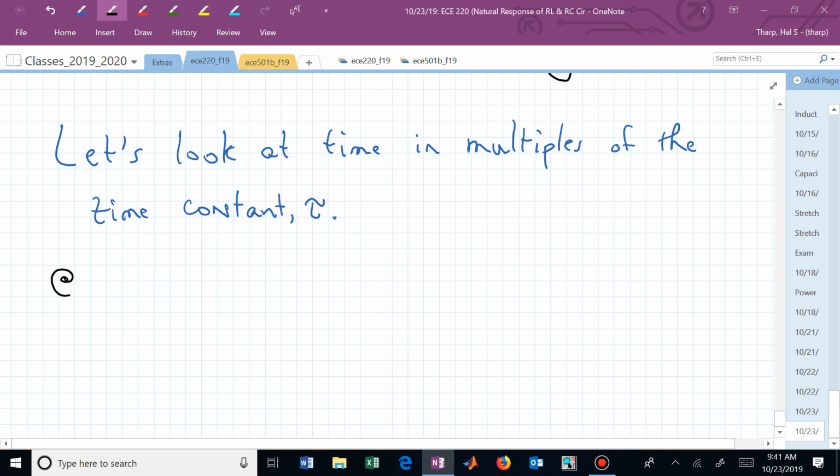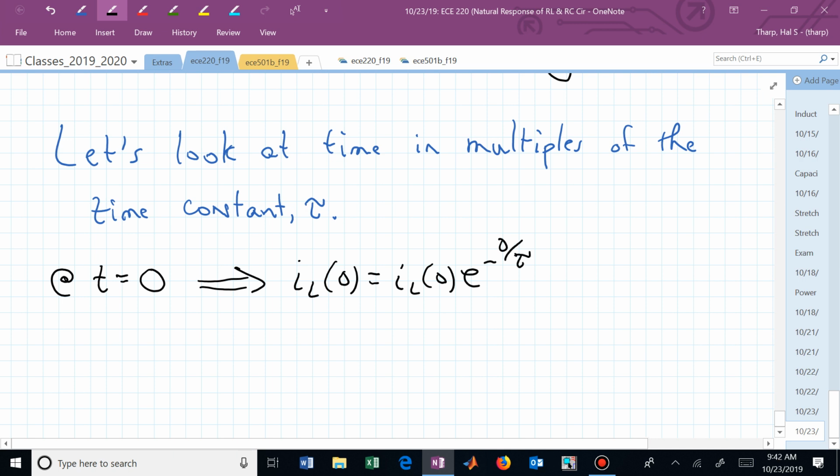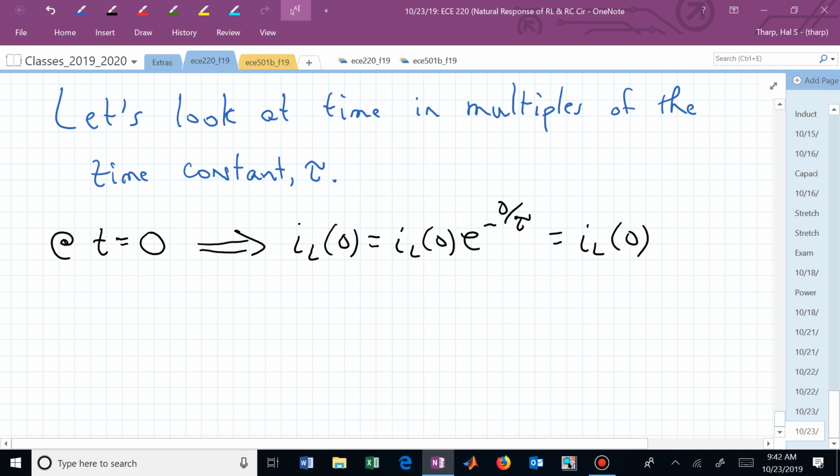And we'll begin really difficult. Let's say that t is equal to 0 tau. Then we know that I sub L of 0 is I sub L of 0 e to the minus 0 over tau, which is where we started. That's what we expected. Now, what happens when we look at one time constant, when t is equal to tau?